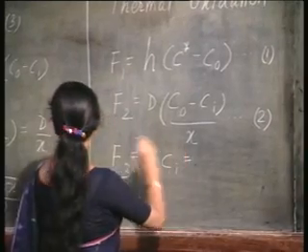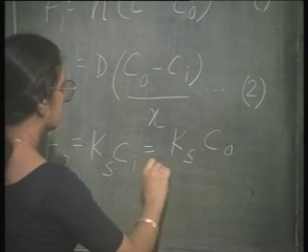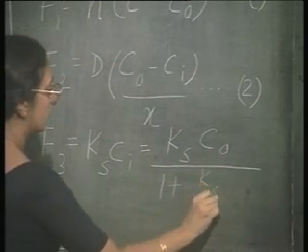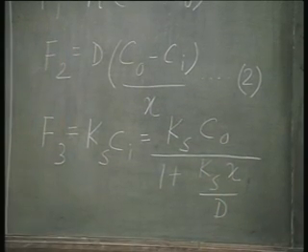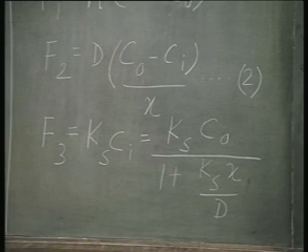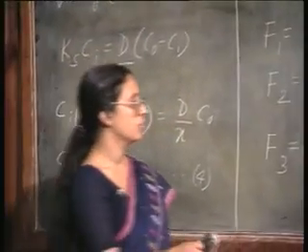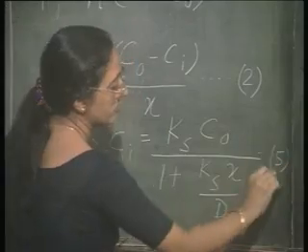So, I could write that F3 is equal to Ks C naught by 1 plus Ks x by d, replacing Ci with this expression. Let me call this my equation 5.